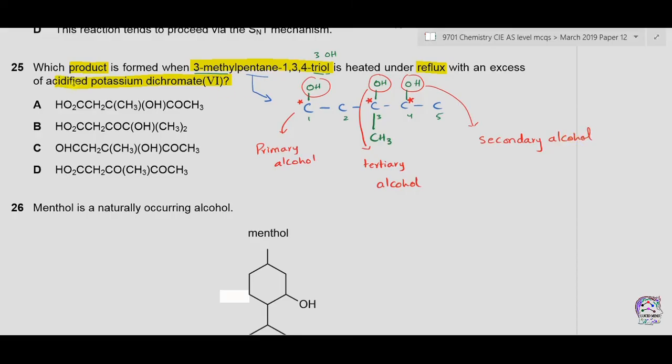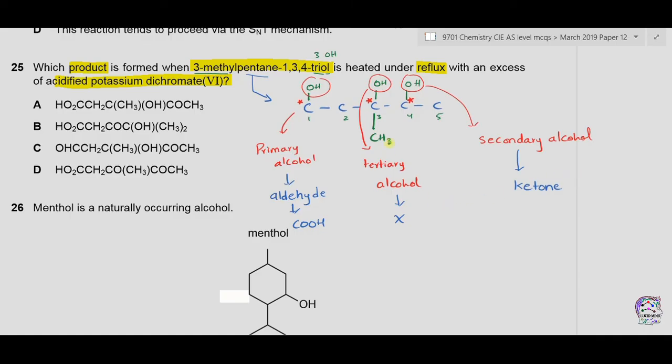Now in the presence of excess acidified potassium dichromate, oxidation will occur and primary alcohol goes into aldehyde first and then moves towards the carboxylic acid. Tertiary alcohol is not oxidized. Secondary alcohol goes to ketone.